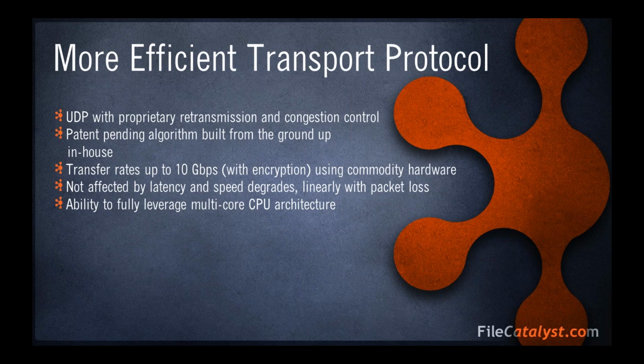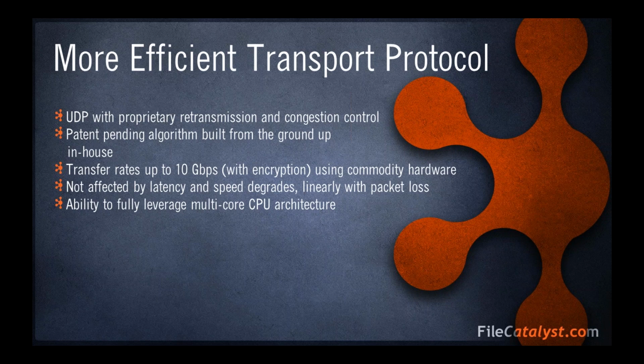We're not affected by latency, and we degrade linearly when it comes to packet loss. Once again, as I mentioned with TCP, we don't have to do the acknowledgement every single time. And because our protocol is fully multi-threaded, if you have multiple cores on your CPU, everything goes much faster.